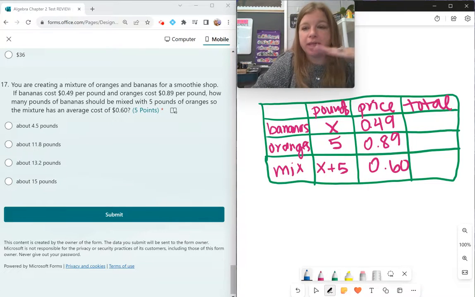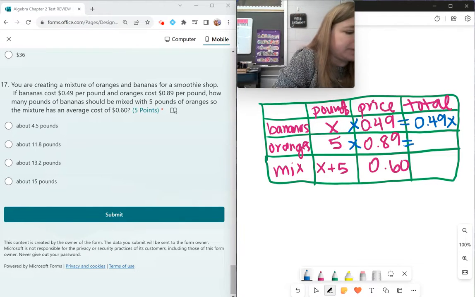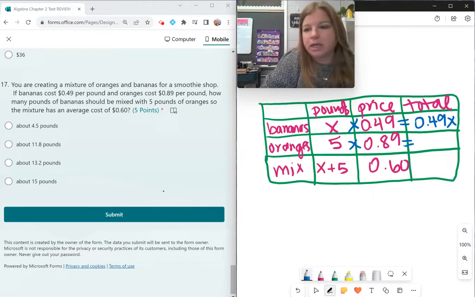The way we fill in the total column is we multiply these straight across. So we do x times 0.49, so that would be 0.49x. We then do 5 times 89 cents per pound. So 5 times 0.89 would give us $4.45. And now if I multiply these across, it's 0.60 times, I'm running out of space, x plus 5.